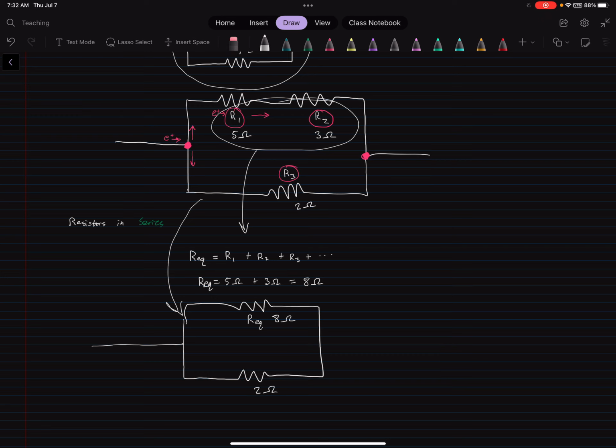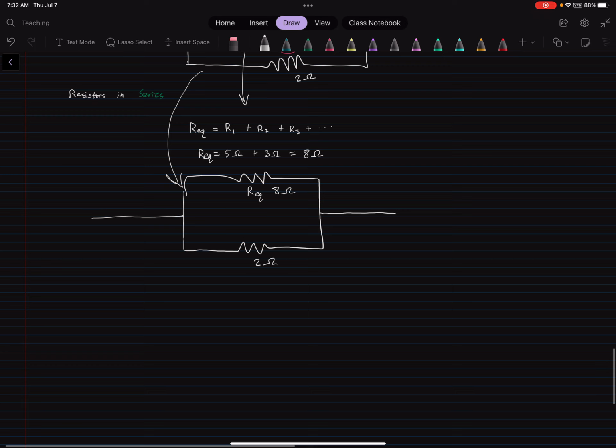And the circuit would be none the wiser. Whatever you had connected to the circuit, it would behave exactly the same. It is literally equivalent to have R1 and R2 as we had originally, or to remove them and put in their place their equivalent combined resistance of 8 ohms. That's the concept there. So now, resistors in parallel.